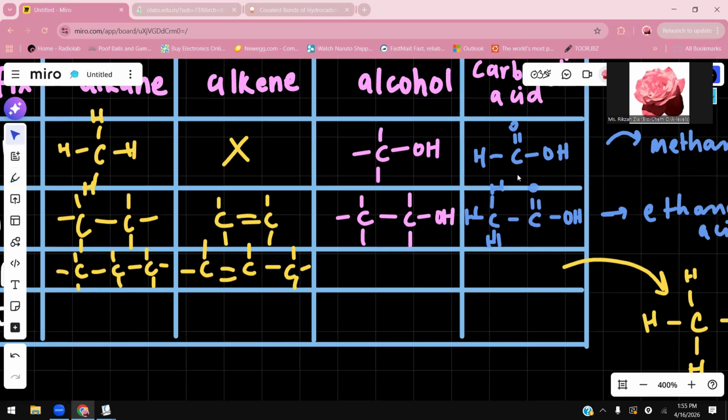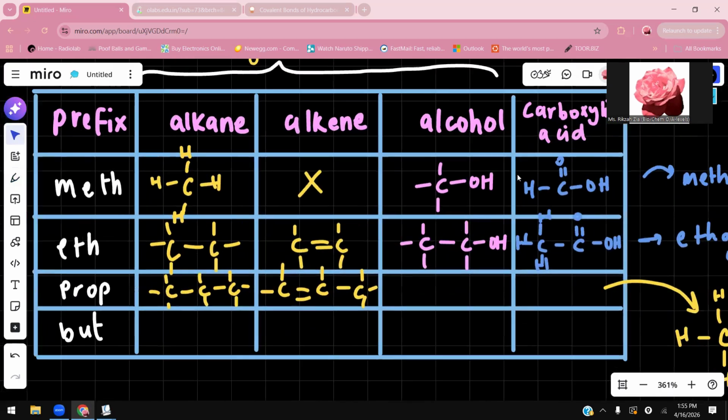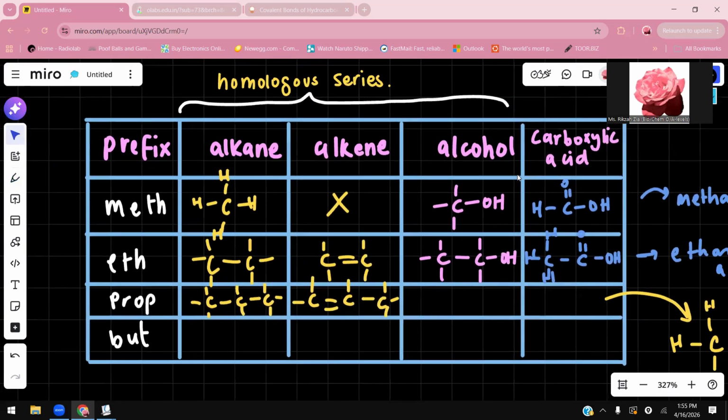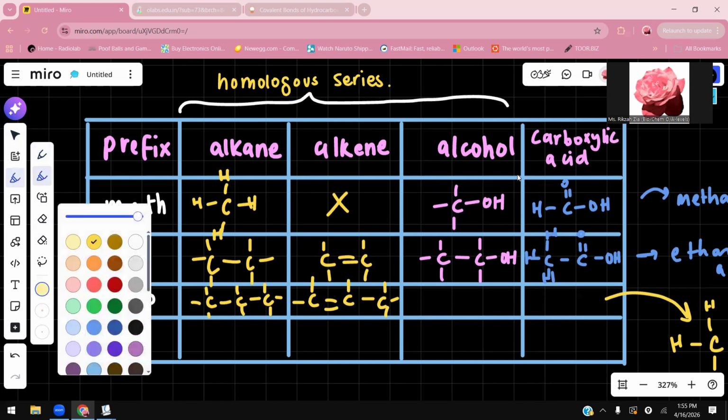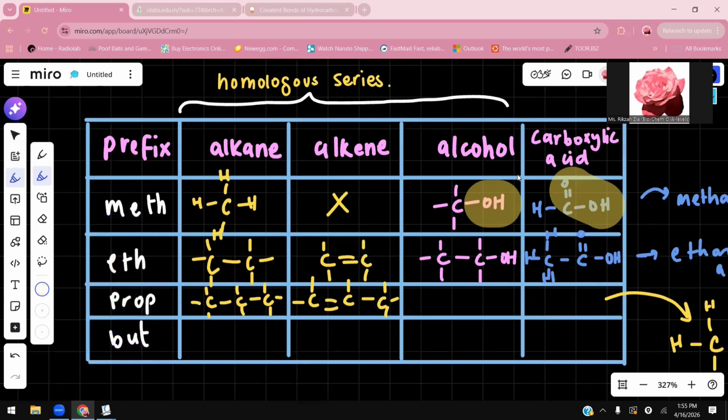What do we mean by homologous series? Families that have the same functional group. What do I mean by functional group? This is one functional group. So members of the family have the same functional group. This means if I talk about alkanes, in all the members of alkanes we are seeing a pattern, right?